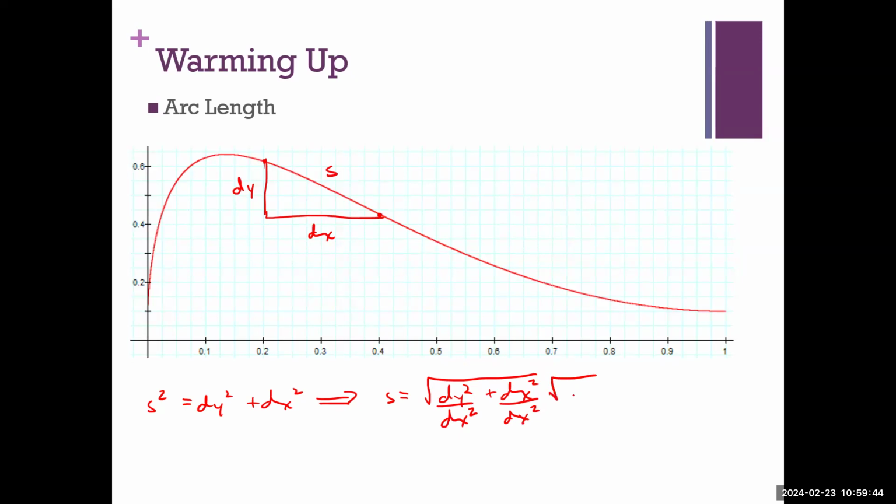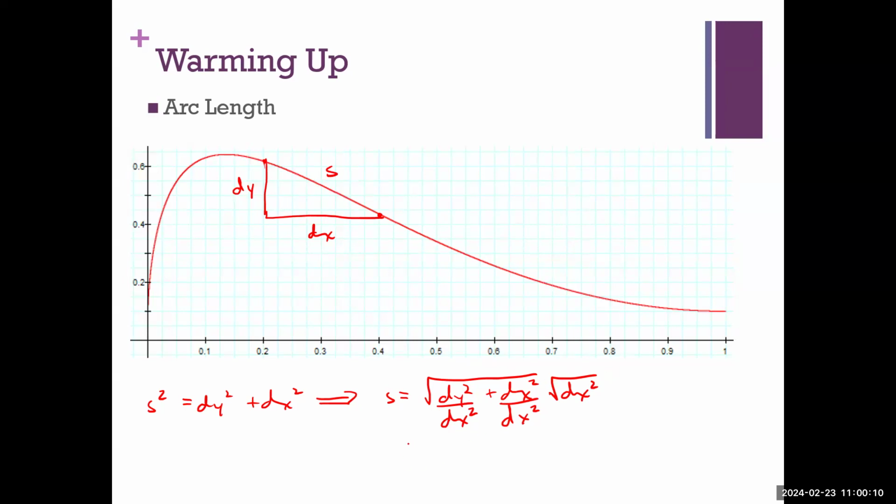Multiply the outside by just dx squared. Are you convinced that what I've done is legal? Maybe you can't see why it's useful, but is it legal? Basically, I multiplied by the square root of dx squared over dx squared.